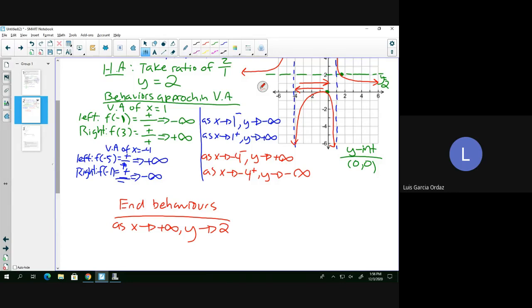So if it crosses the horizontal asymptote, that means it's going to be under it, which is the same as saying below. And as x approaches negative infinity, y still approaches 2, but it's going to approach 2 from above.